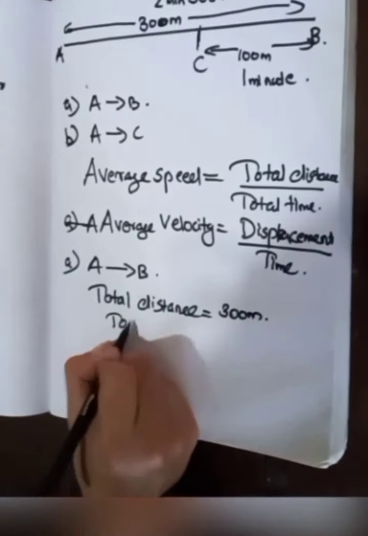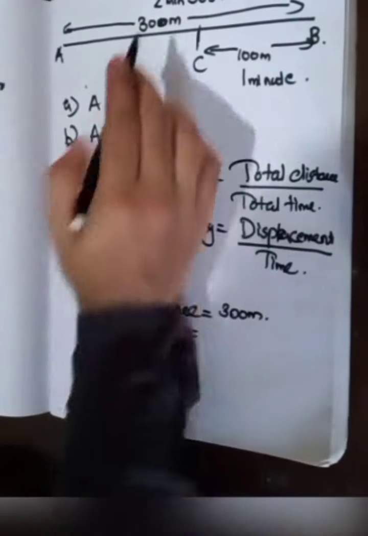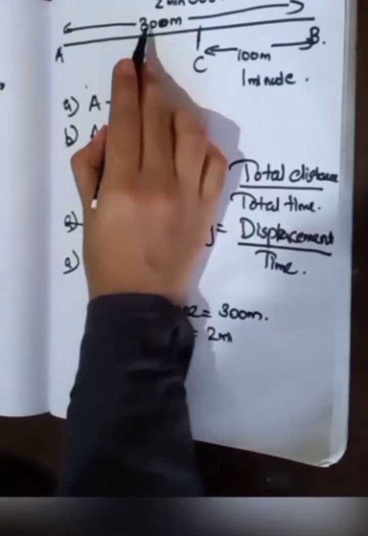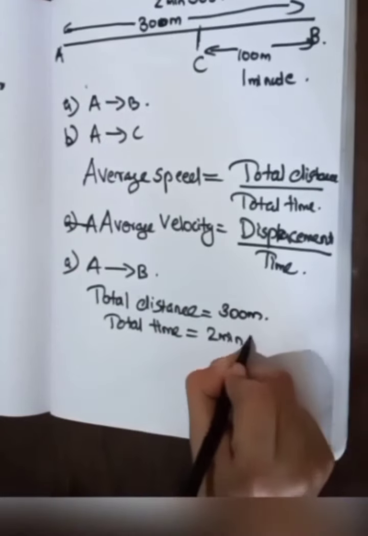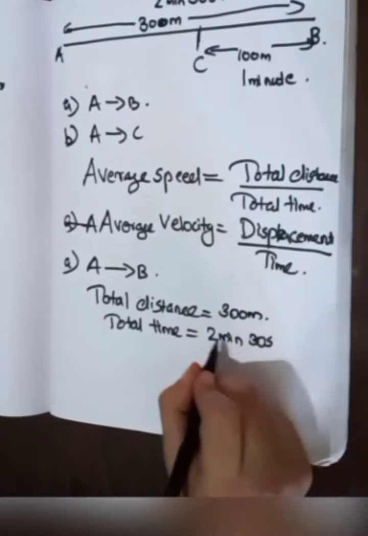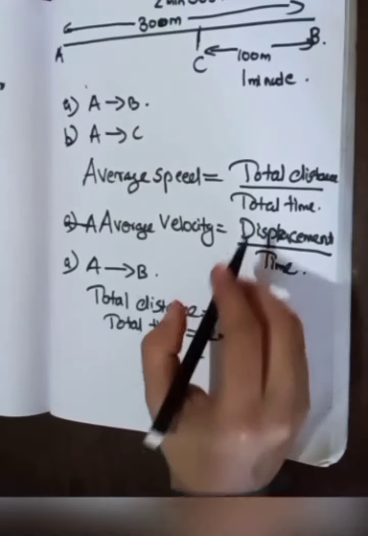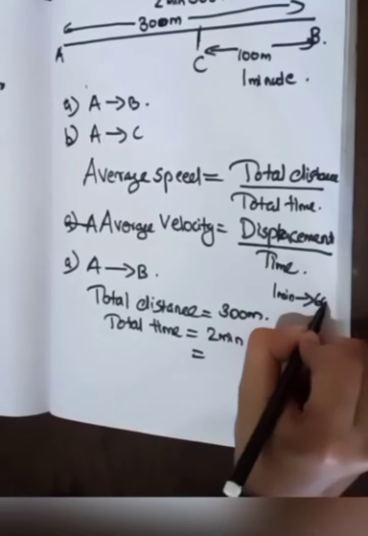And total time is equal to 2 minutes 30 seconds. To cover this 300 meter, it takes 2 minutes 30 seconds. This 2 minutes 30 seconds, we have to convert it into seconds. We know 1 minute is 60 seconds.